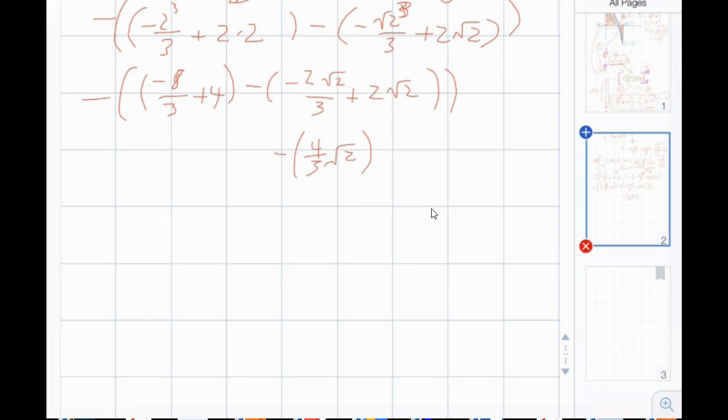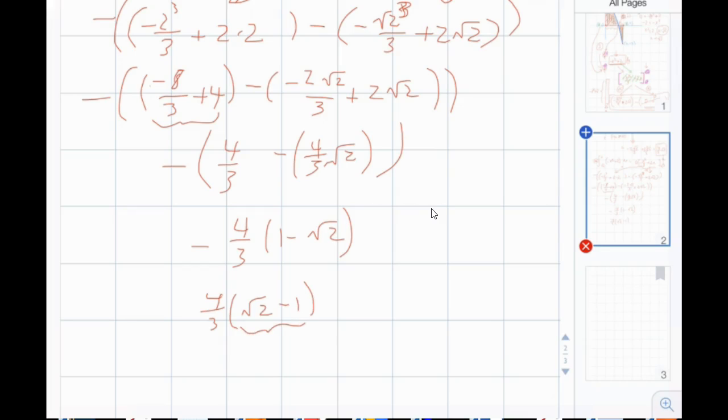The first part is going to be a nice number with no radical. It's going to be 12/3 minus 8/3 is 4/3. Okay, and so we have 4/3 minus 4/3 square root of 2, which is going to be 4/3 times 1 minus square root of 2, but then we're going to take the negative of that, so it's going to be 4/3 times square root of 2 minus 1.